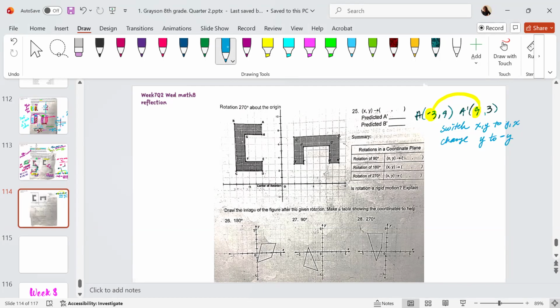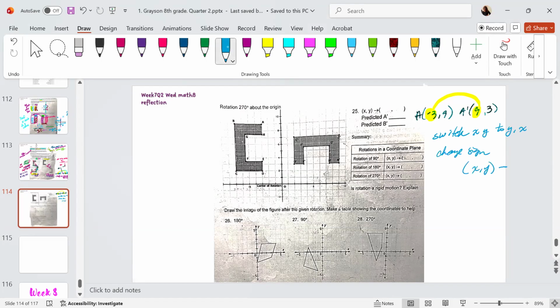Okay, if you're gonna switch, let's say this way. You do switch first. Switch XY to YX, correct? Then change the sign. Which sign do you change?